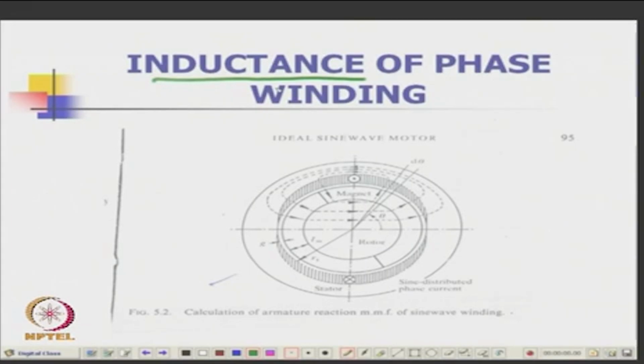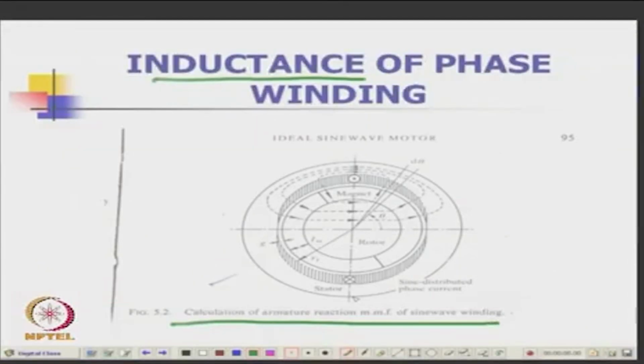In this case, when you are calculating the inductance, you are expected to see that the magnet is not there. It must be unmagnetized, the field is not there. This is the calculation of armature reaction, a term some people use.